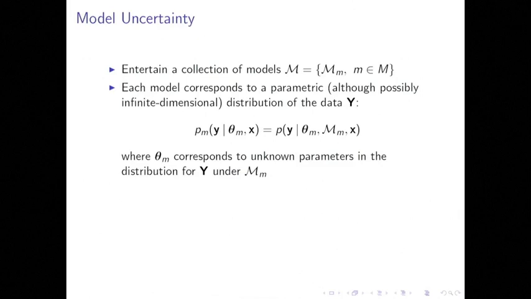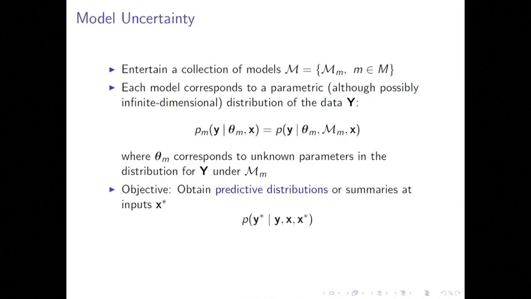This gives a distribution for the data that we may be measuring with error under the model. One of our objectives might be to get predictive distributions for future observations, which I'll denote Y star, given the inputs X star and the other data that we've already observed. Without loss of generality, I'm going to drop the dependence on those inputs for right now. We'll be conditioning on all of those.